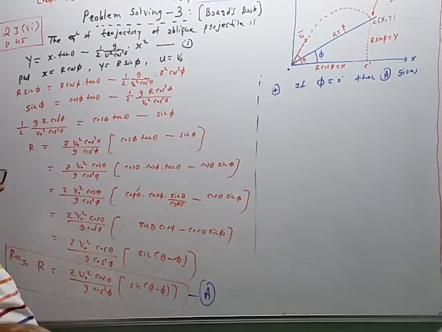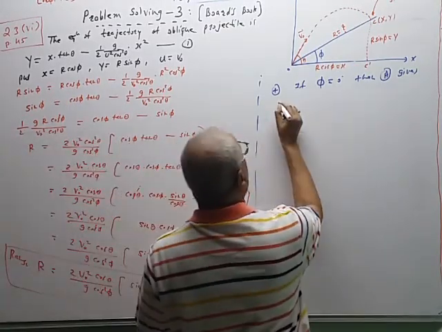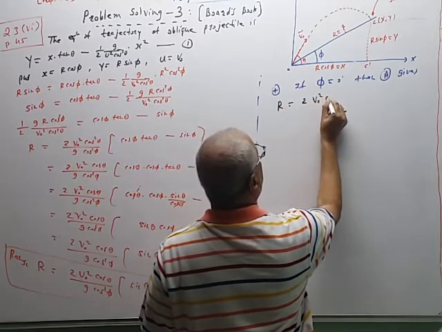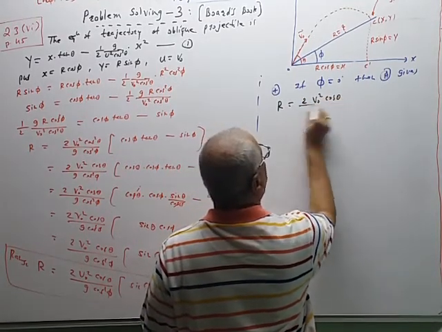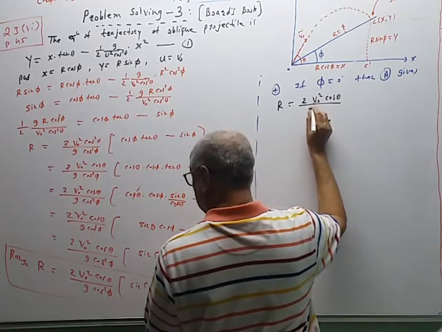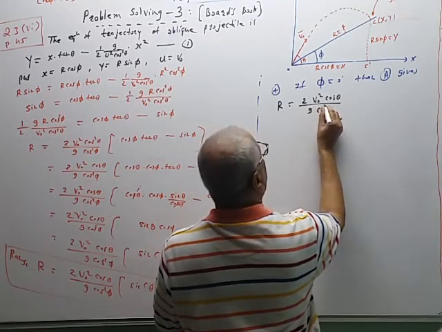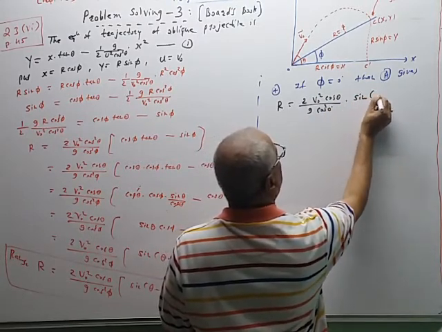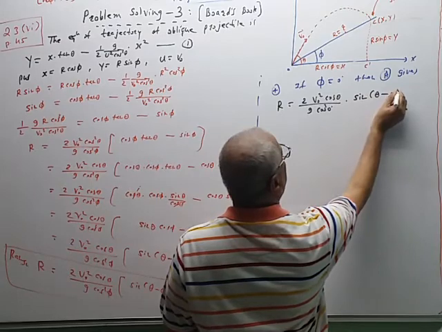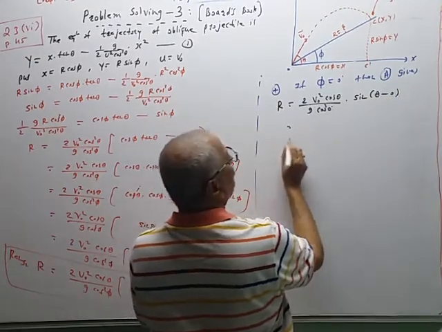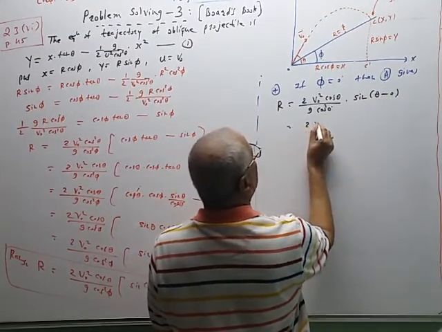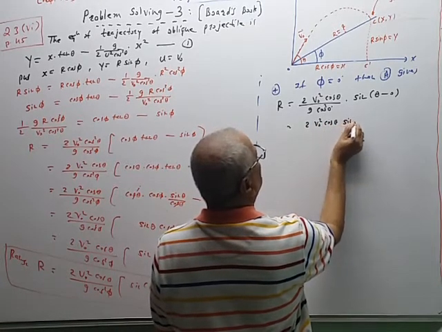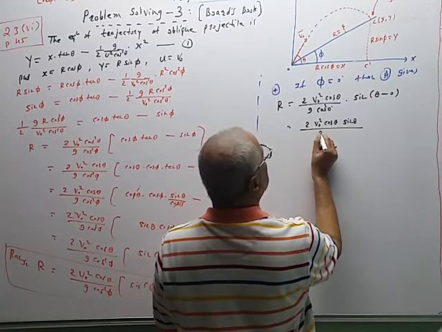Capital A gives, so substitute value, R is equal to 2 times v0 square cos of theta upon g times cos square 0 degree into sin of theta minus 0. So cos of 0 is 1, this is 0 already. So 2 times v0 square cos theta sin theta upon g only.